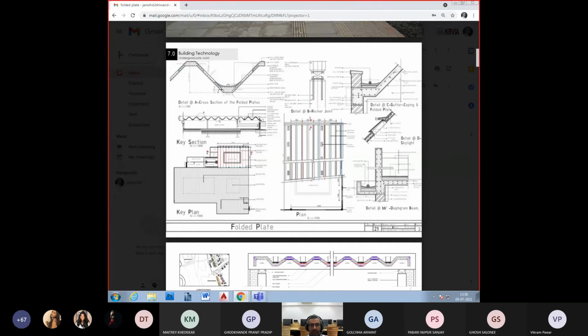You can see how the diaphragm beams are put at its ends, and these are the diaphragm beams at those corners. You can see the depth of the diaphragm beam there, if you can see my cursor. That is the depth of the diaphragm beam, thereby holding the folds in between. And usually the problem is that the diaphragm beam actually does not allow us to see the folds in the folded plate.